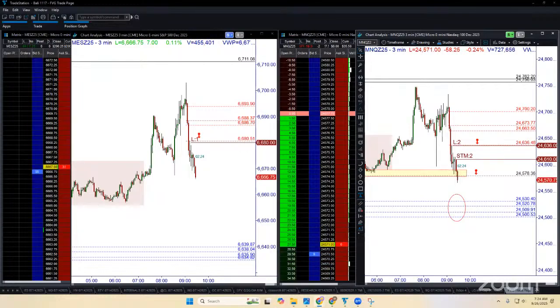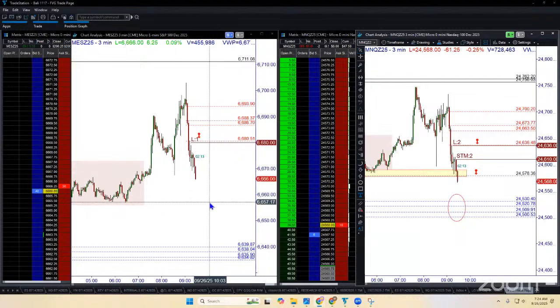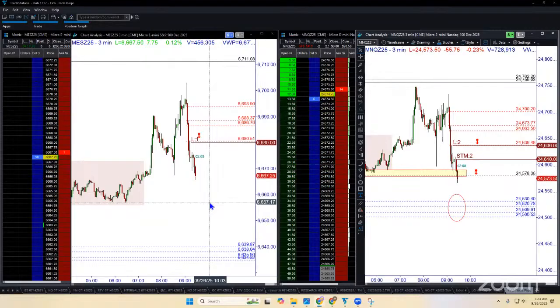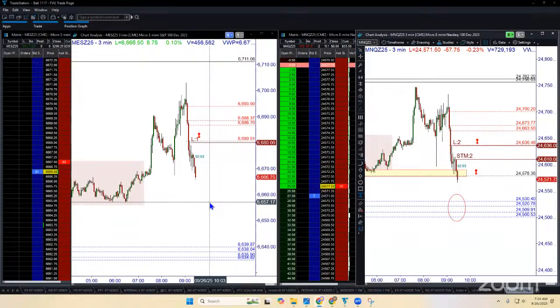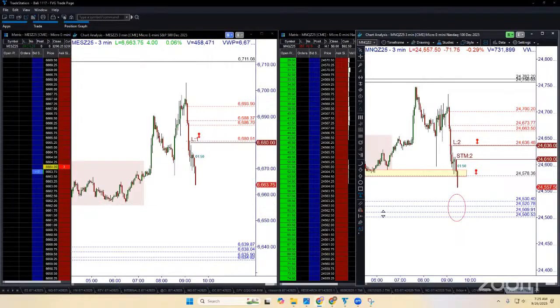S&P is about ready to break support below 66.56. Here we go, here we go, here we go.